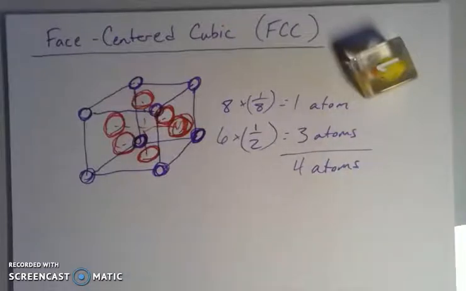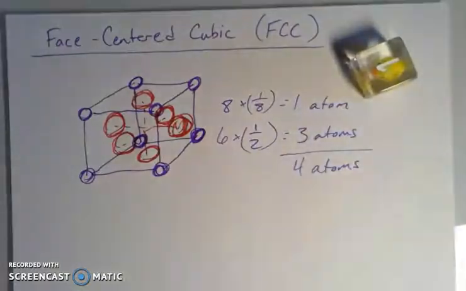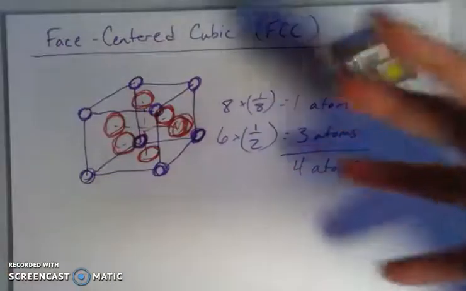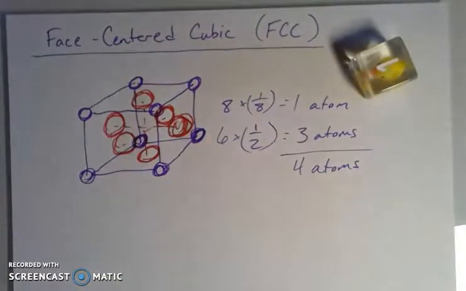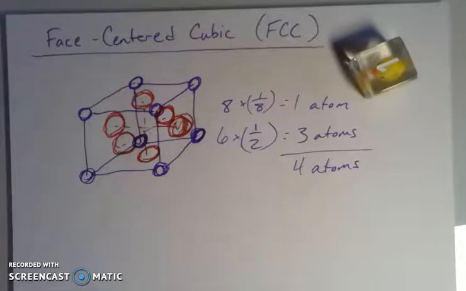These ones on the faces are going to be shared by the unit cell that's above and the unit cell that's below, or the ones to the sides, etc. So it takes some visualization to picture these things propagating out in 3 dimensions and see how that all works out. Figuring out the number of atoms in a unit cell is important because it gives you information about the structure.